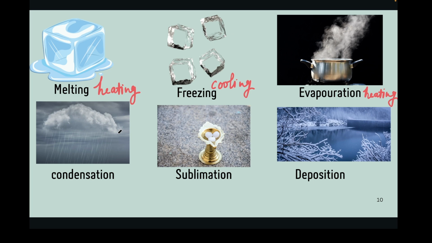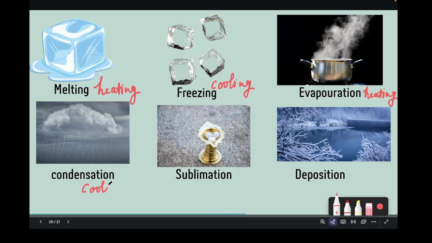When these droplets join together and become heavy, they fall as rain. So, rain occurs because of condensation of water vapor. In short, conversion of gas to liquid by cooling is called condensation.